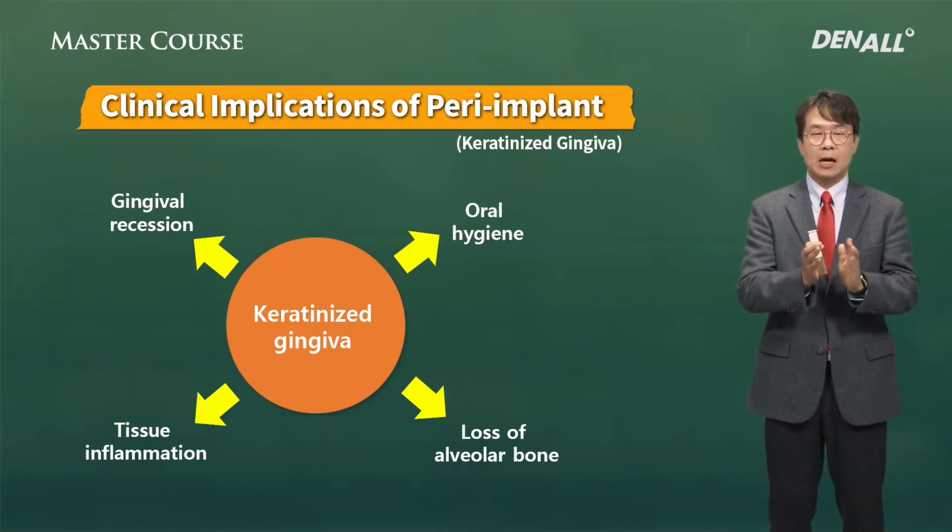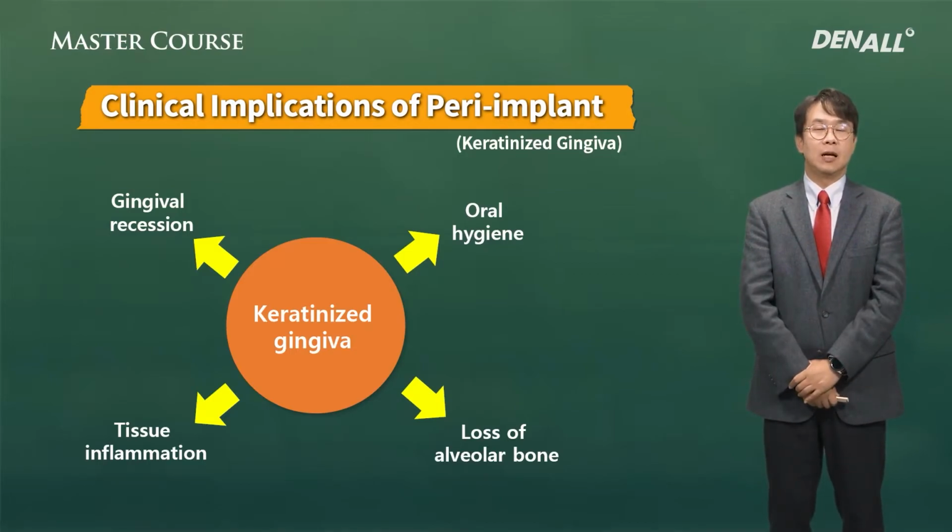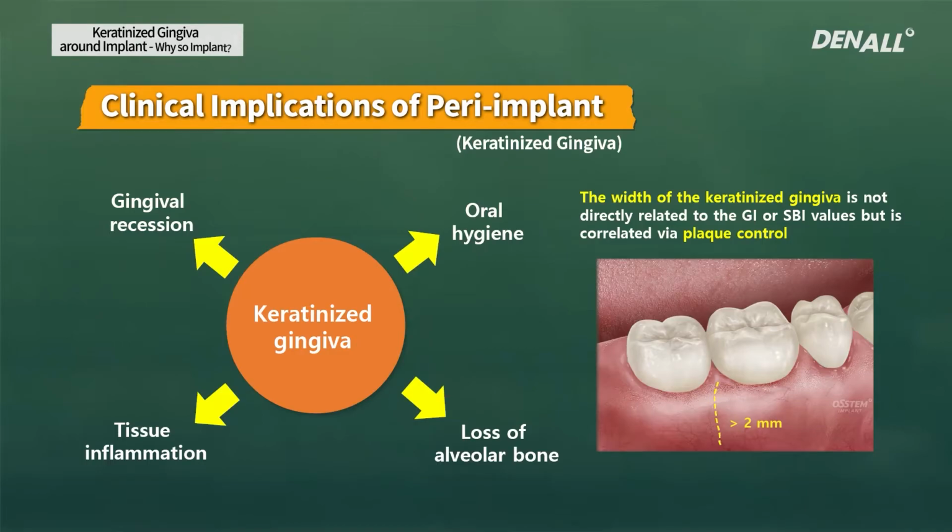There is no consensus reached, but from a clinical perspective, if the width of keratinized gingiva, that is from free gingival margin to mucogingival junction, is more than 2 millimeters, in terms of plaque control, it helps.